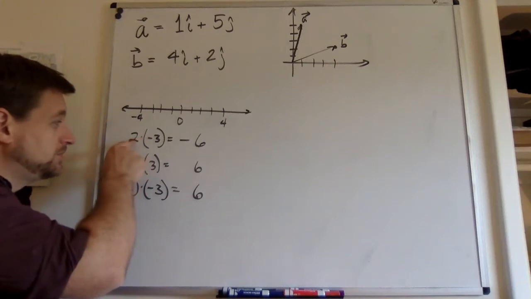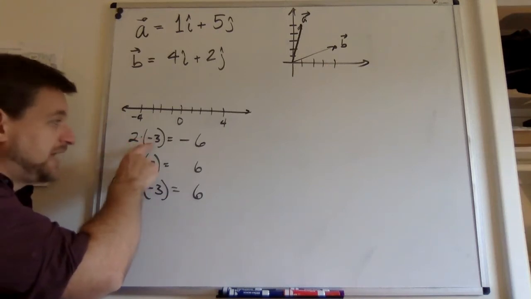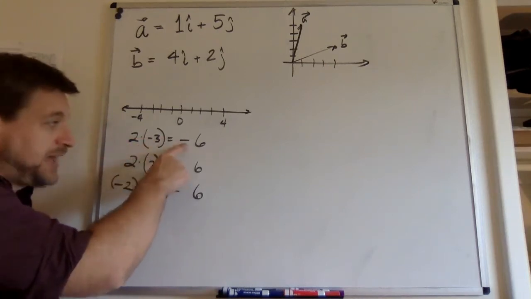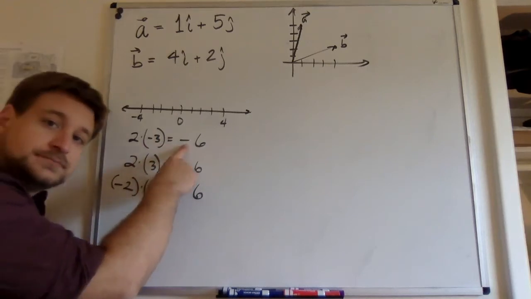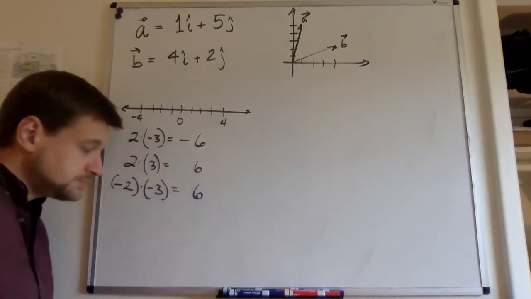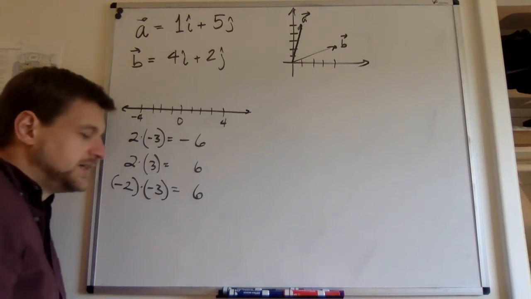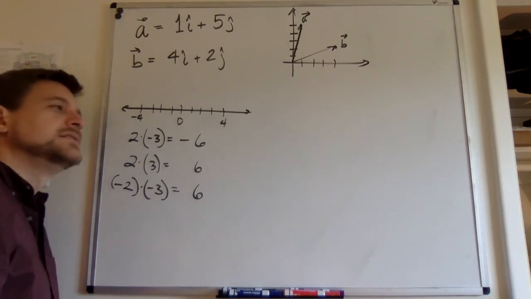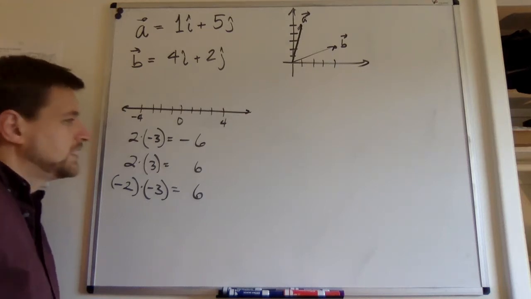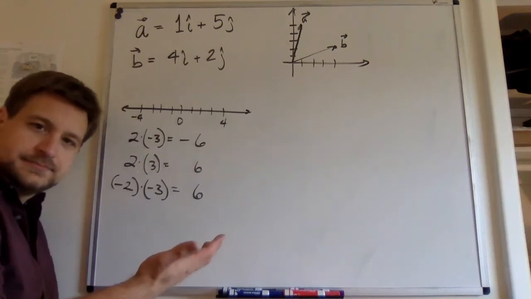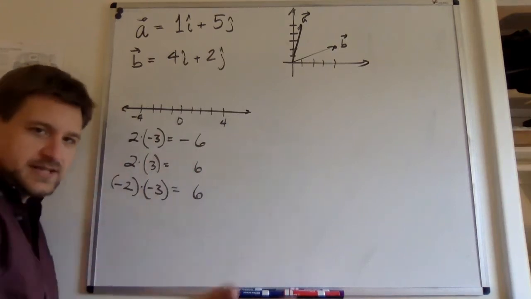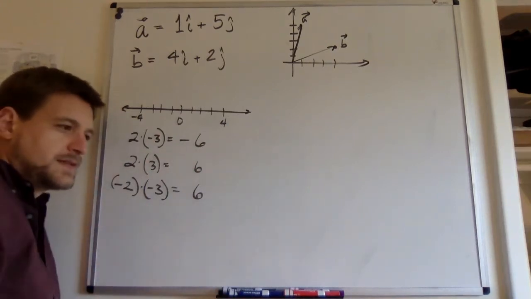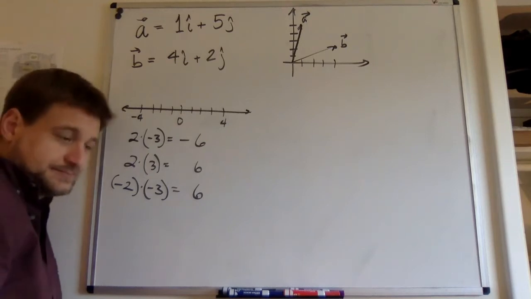When good things happen to bad people, well, that's bad because they didn't deserve it. And so on. Another way to think about how this product works: the answer is 6. 2 times 3 is 6. 2 groups of 3 adds up to 6.